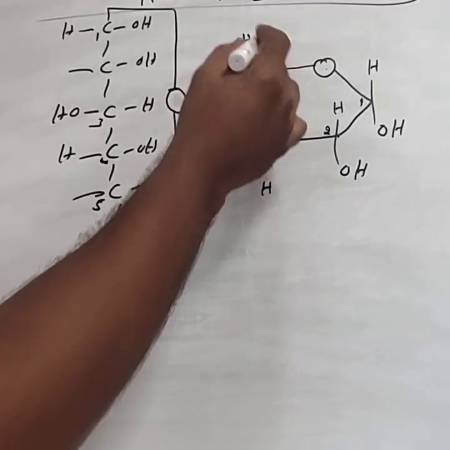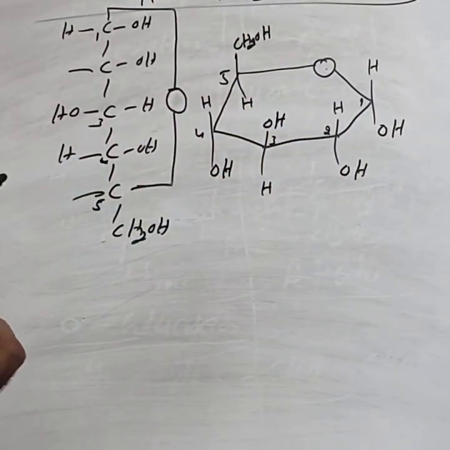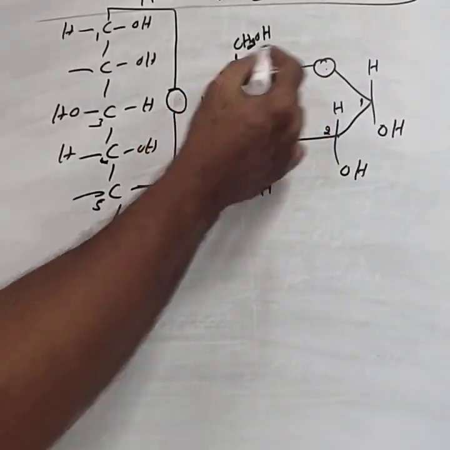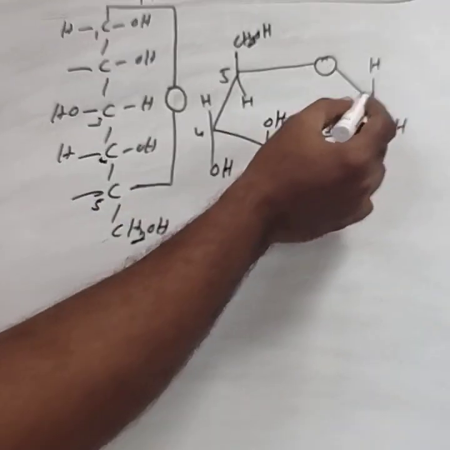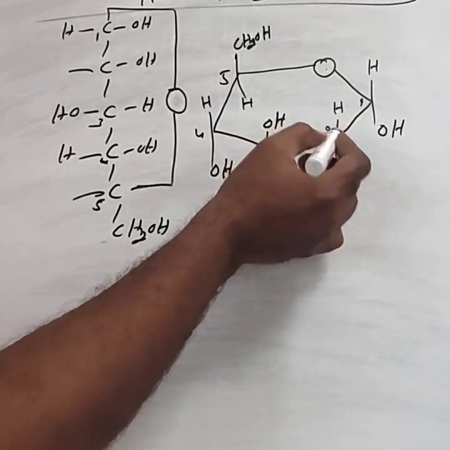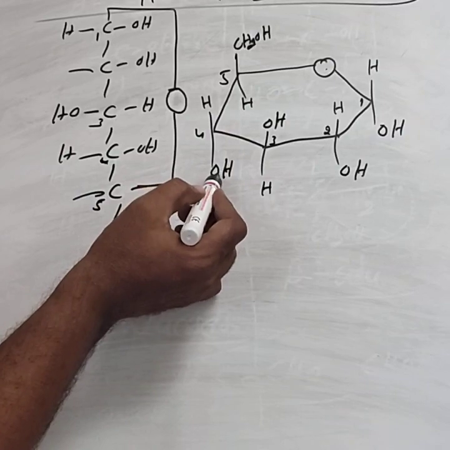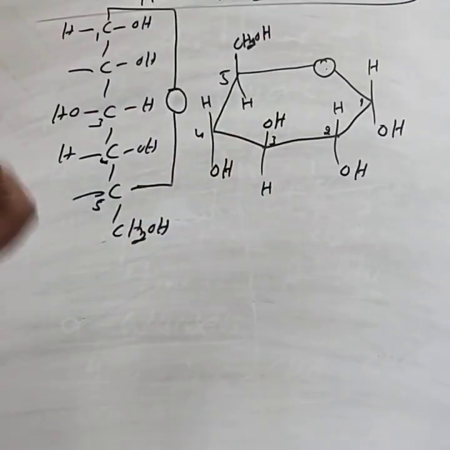You have to get the idea about writing the Haworth structure of glucose. Just consider the pyranose. This is the pyranose structure. In the pyranose, the first corner is below, the second below, the third is above, the fourth carbon corner is below, and the fifth carbon has CH2OH above.